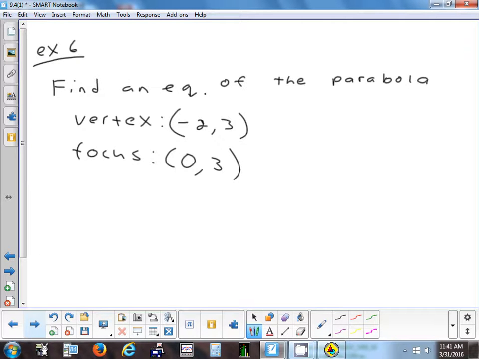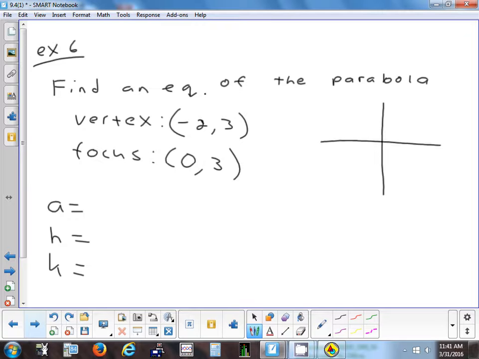Right, so now when we want to write an equation of a parabola, there's 3 variables you need to find. A, H, K. We need all three. First thing I'd like to figure out is what's the template I'm going to plug into. To do that, I figure out, does it open up, down, left, or right?